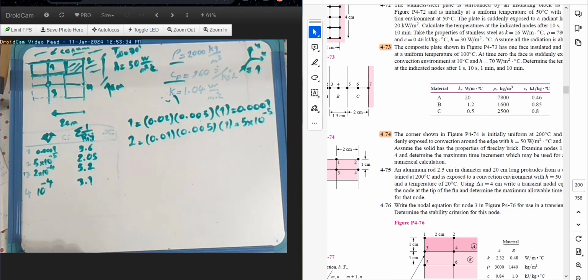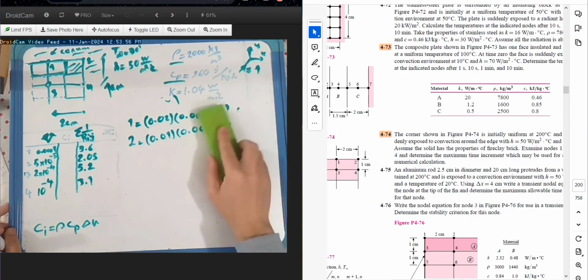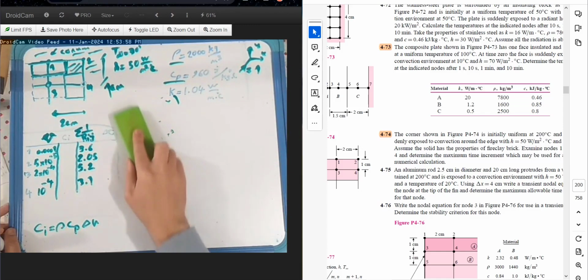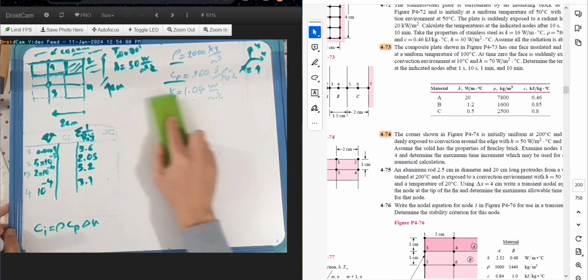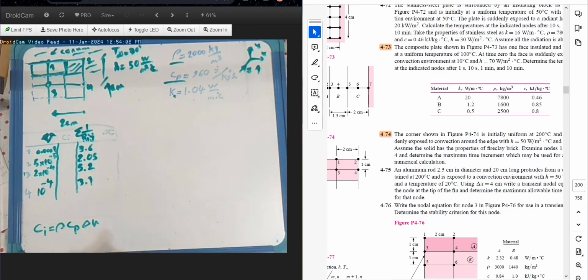Okay, so what do I need anymore? C. As I said before, the formula of C is rho Cp delta V. I will calculate it for these 4 points.